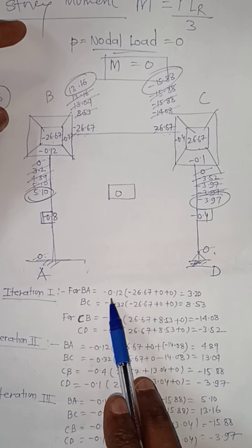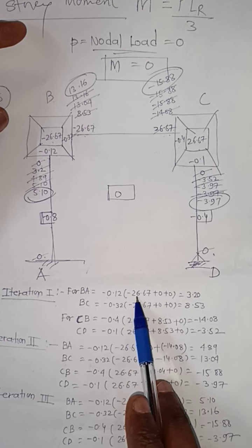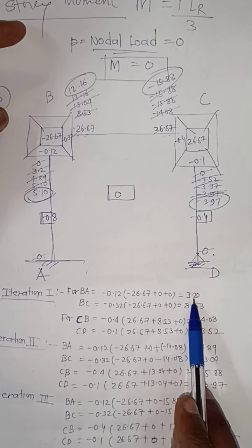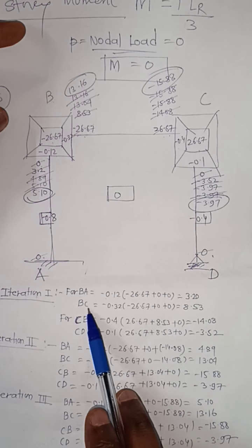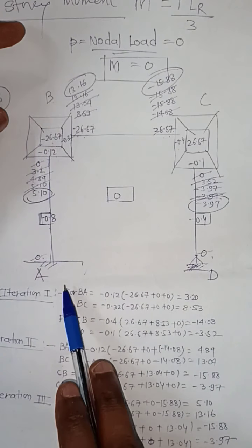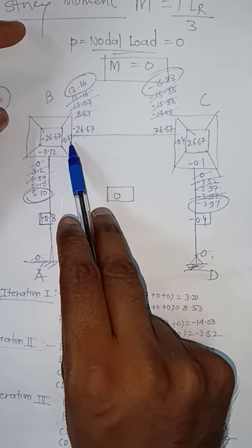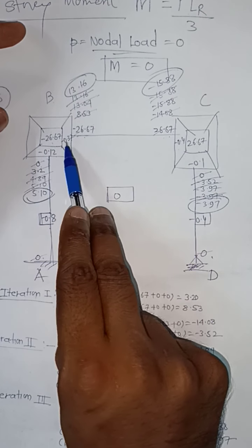So minus 0.12 multiplied by minus 26.67 is equal to 3.2. Similarly for BC, the rotation factor will be minus 0.32 into the bracket minus 26.67 plus 0, which is equal to 8.53. So this 3.2 value comes for BA, and the BC value comes as 8.53.